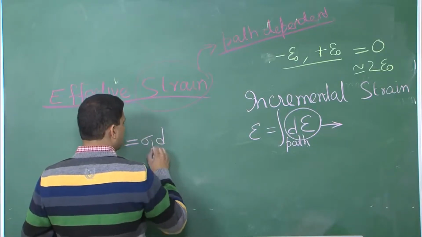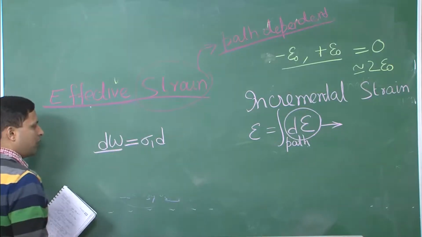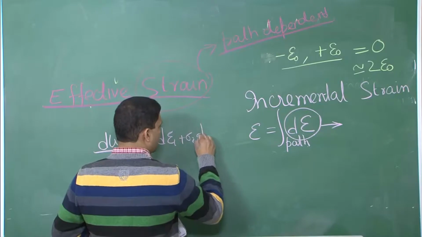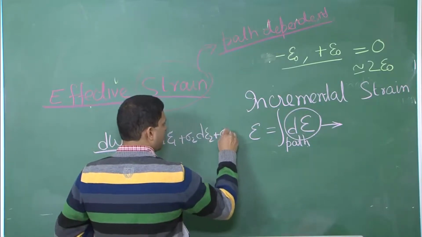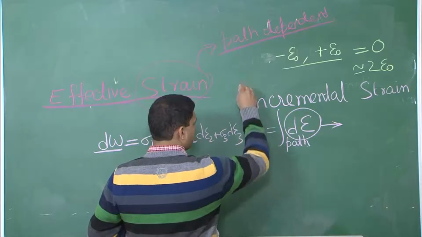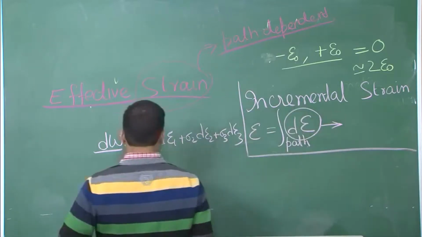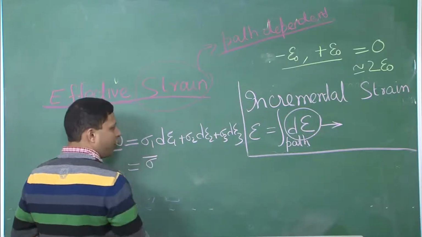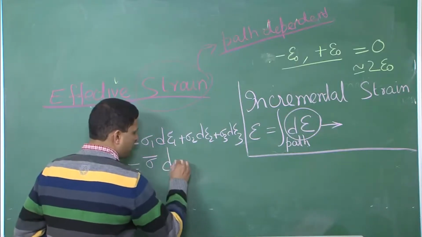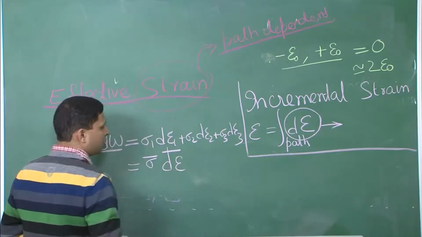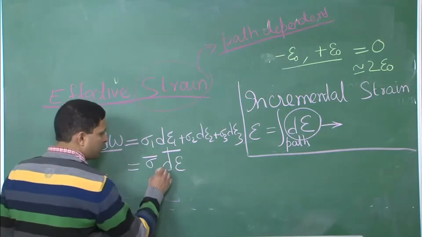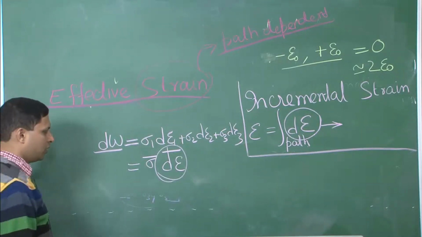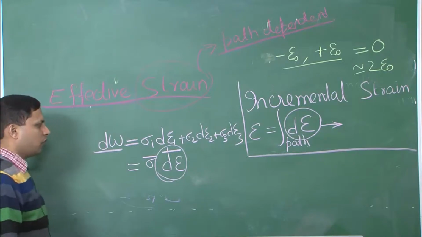So, if we have some small incremental work done, sigma 1 d epsilon 1 plus sigma 2 d epsilon 2 plus sigma 3 d epsilon 3, then the incremental strain for this is defined as effective stress times d epsilon bar, the effective incremental strain. Now, this is the definition of our effective incremental strain. So, that is one step.